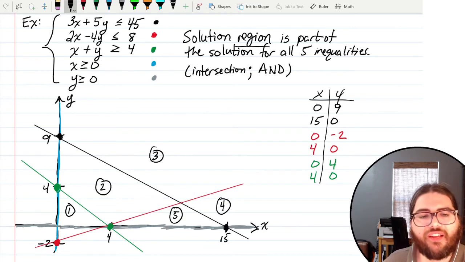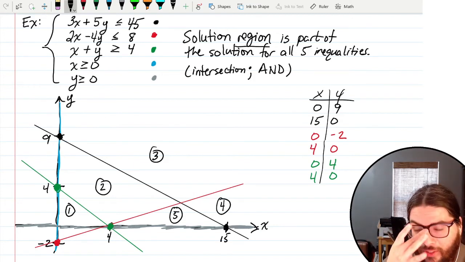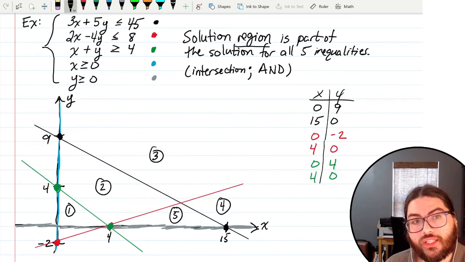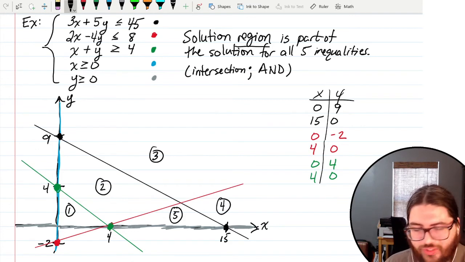I have 5 regions in the positive part of my graph. And for each of those 5 regions, they are either part of the solution or not part of the solution. To figure out which is which, I need to use some test points to help me out here.